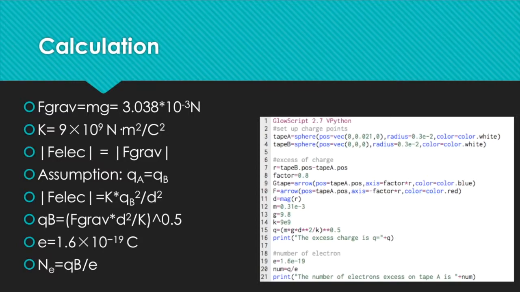We also assume that the charges of the two tapes are the same, so we can get the equation for the excess charge on tape B, which is the upper tape, and we can plug in all the variables we already know to get the charge. And since we know the charge of a single electron, we can also get the total number of excess electrons on tape B.